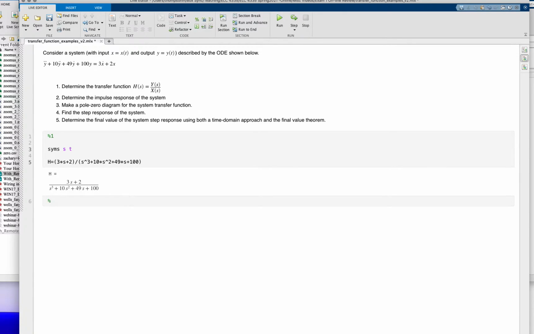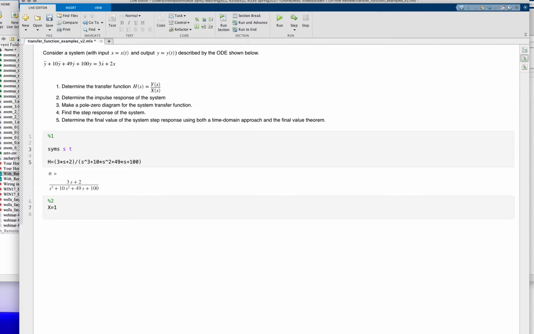For part 2, we're wanting the impulse response of the system. Remember, the impulse response is the response of the system to an impulse. So x of t is a delta function, but the Laplace transform of x, capital X, is 1. I take the Laplace transform of an impulse, you get 1.